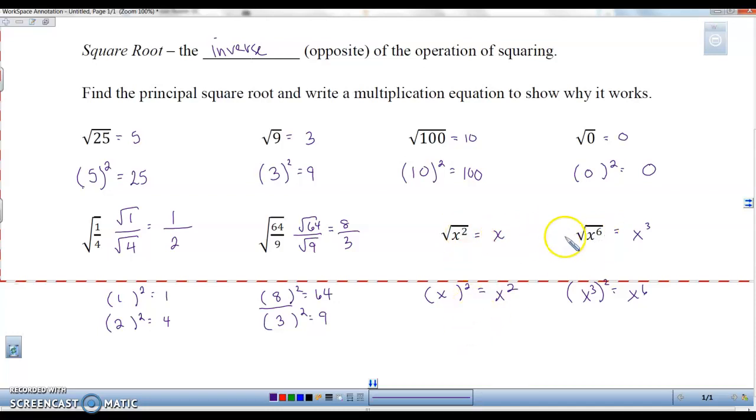Well, what kind of exponents are there? Even exponents. So even exponents are perfect squares. Okay, so all you have to do to find the square root is divide the exponent by 2.